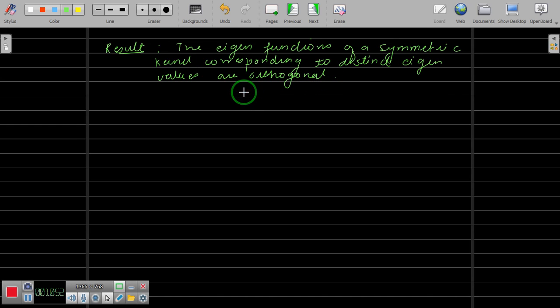So, as in the case of linear algebra here, if you have two distinct eigenvalues, then the corresponding eigenfunctions are orthogonal. That's what we have to prove.